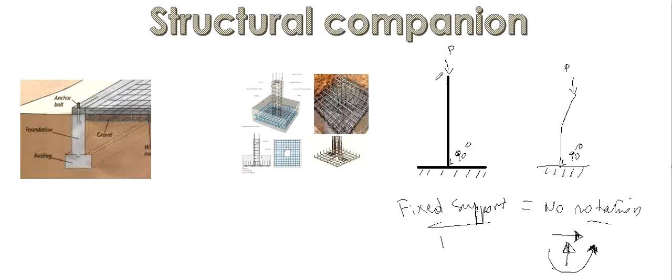What I forgot to say in the previous one: let's say you have a simply supported bridge, a simply supported beam.